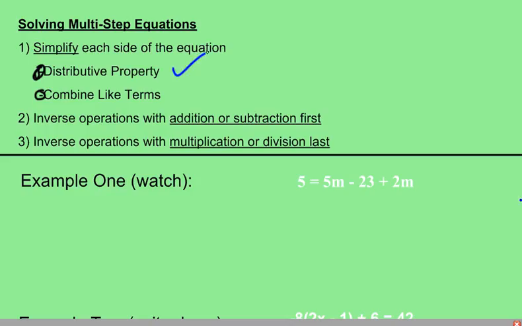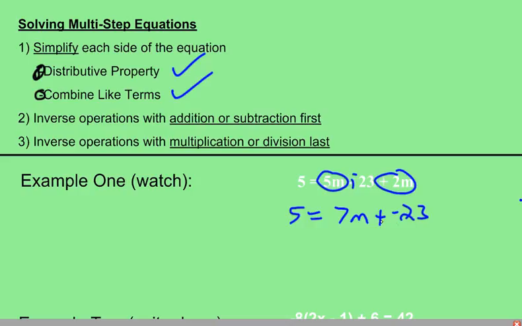So we're good there. Combining like terms, we found that the 5m and the 2m, we're going to change this to plus and negative, and combine. So we have 5 equals 7m plus negative 23. Now it's a regular 2-step equation. Undo any addition or subtraction on the side of the variable.